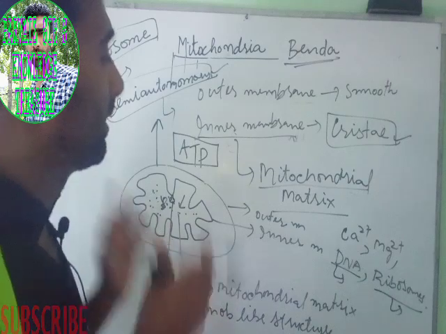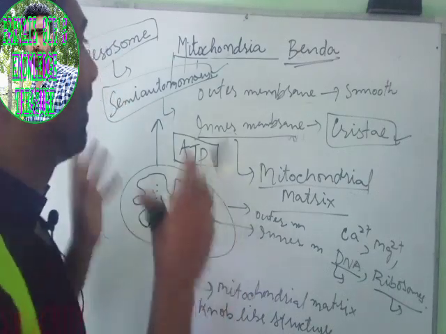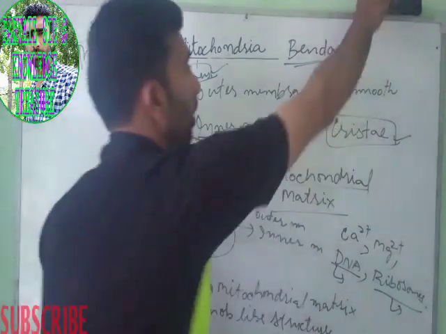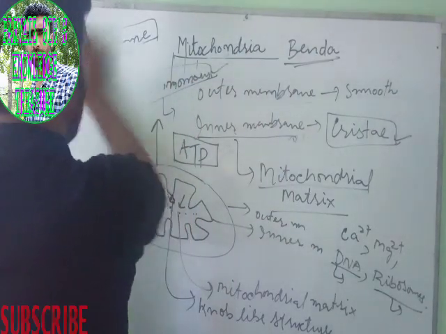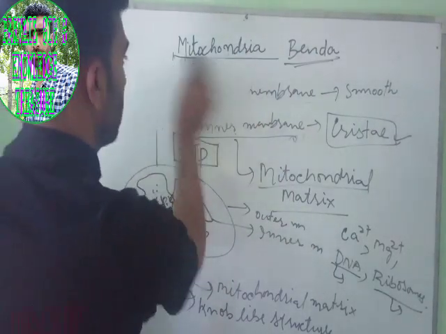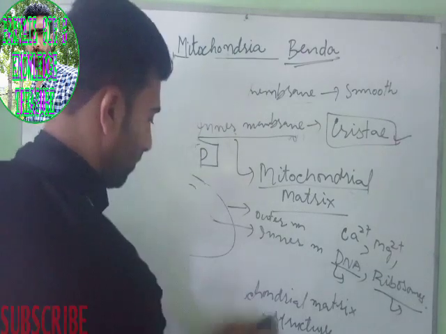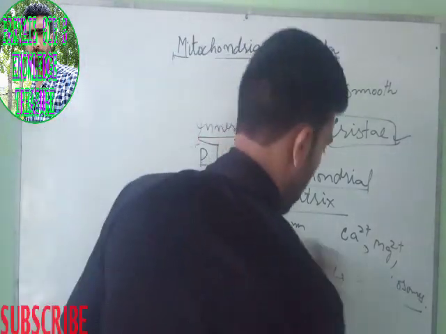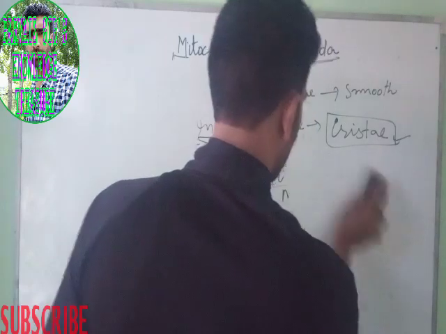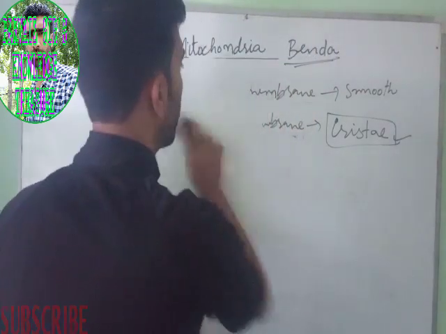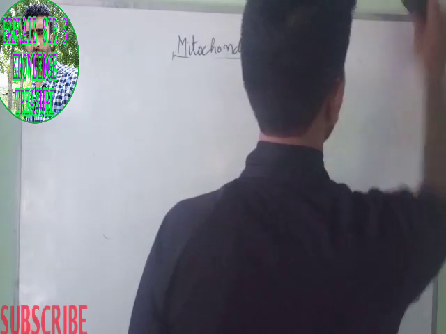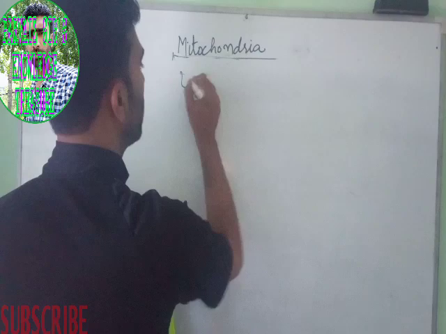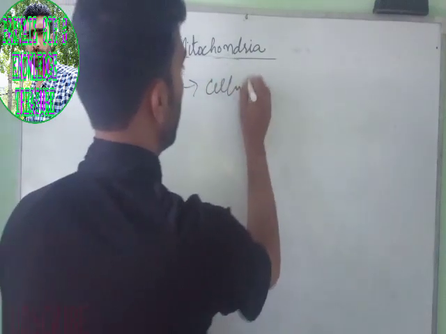Now we will discuss the functions of the mitochondria. The main function of mitochondria is that it is involved in cellular respiration.